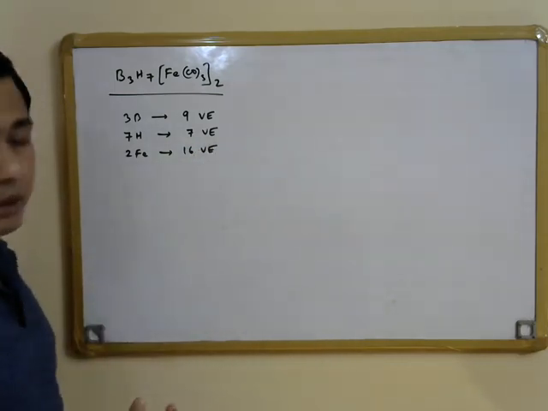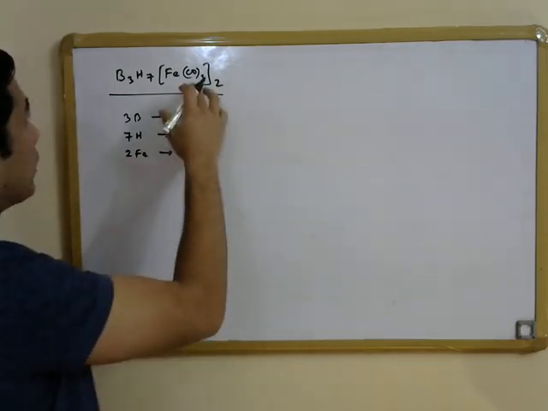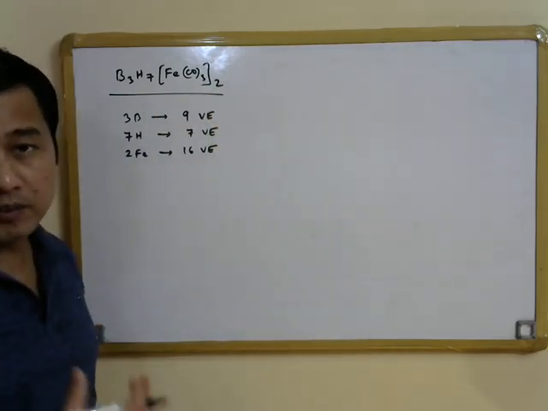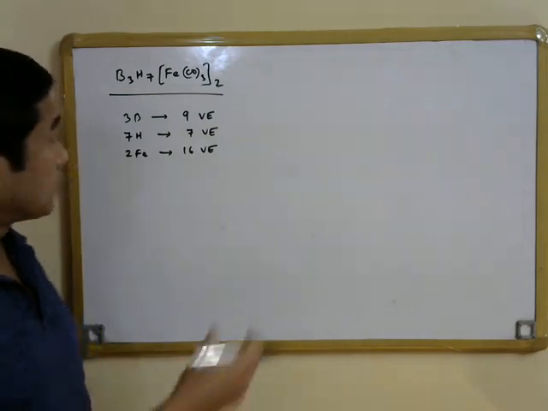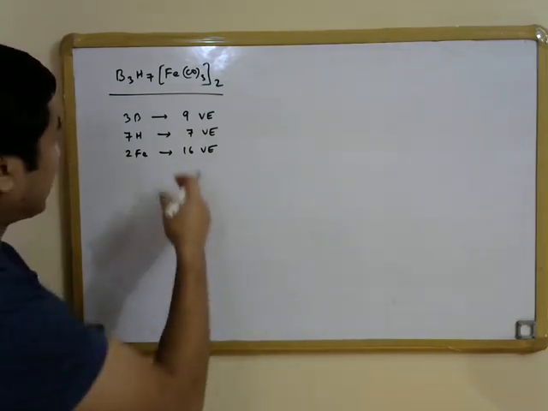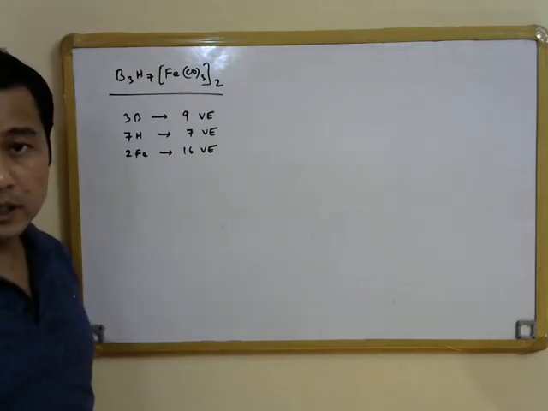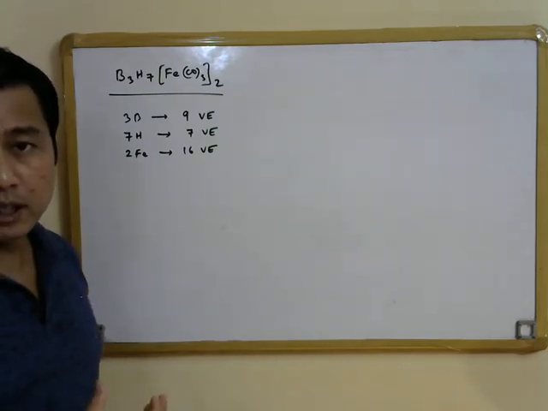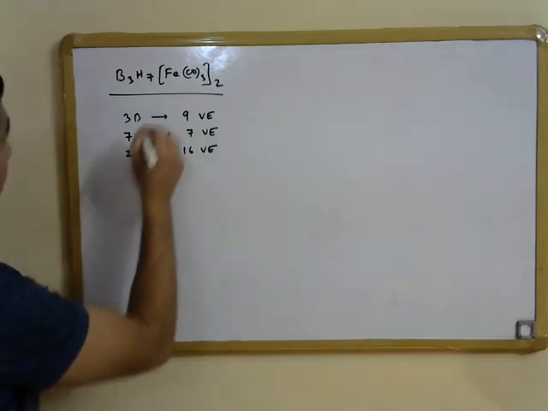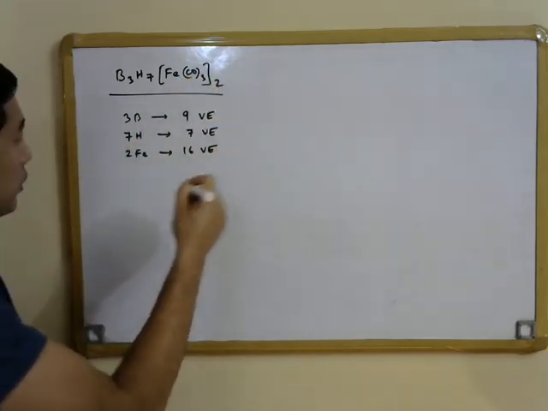Now the carbonyl ligand, we will not count electrons for the carbon and oxygen separately. Instead, we will take the electrons donated by the carbonyl ligand all together, and we know that each carbonyl ligand donates 2 electrons to the metal center, and that is what forms the metal-carbonyl bond here.